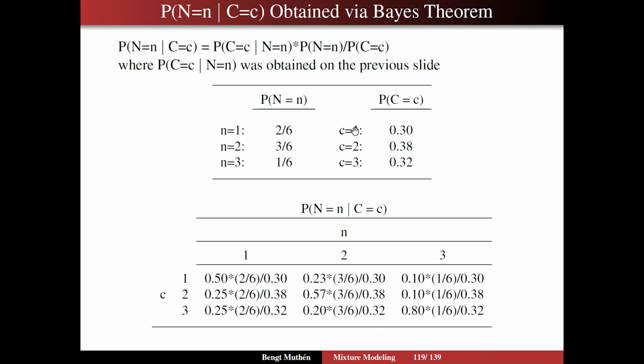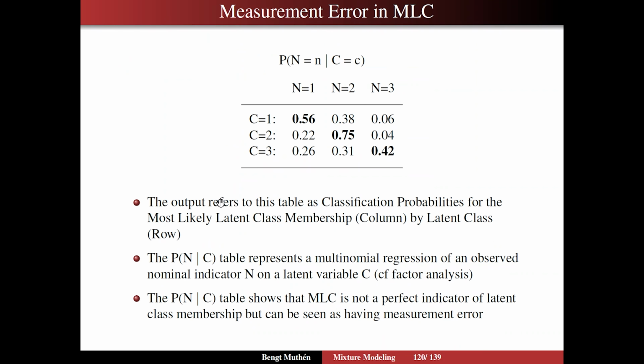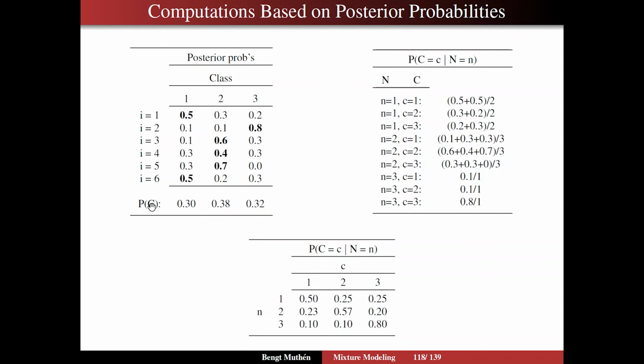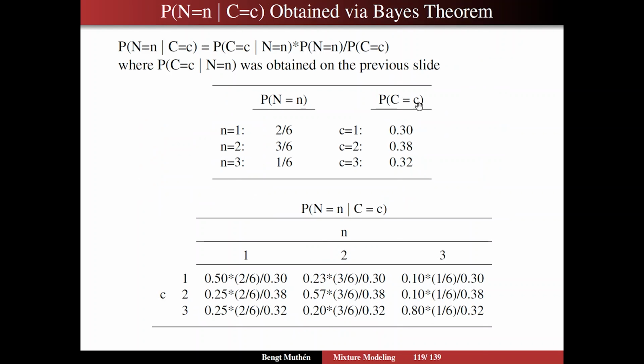Probability of C, well, that's the probabilities down here, the marginal probabilities of the classes. So those 2 components that we add are very simple. So now we just have to multiply it all together. The hard part was computing the first term here.